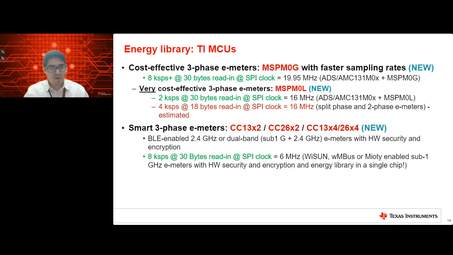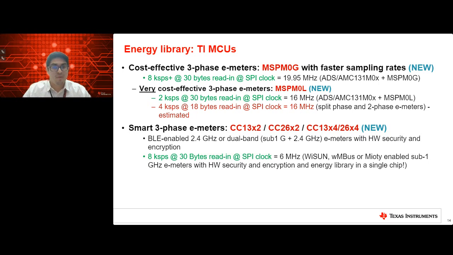Now on the smart metering side, this is if you need BLE enabled 2.4 gigahertz or the sub 1 gigahertz or even both, or hardware security and encryption. That's where you would actually look at our family here. These are some of our wireless MCUs, and they've been tested in many different end equipment designs.